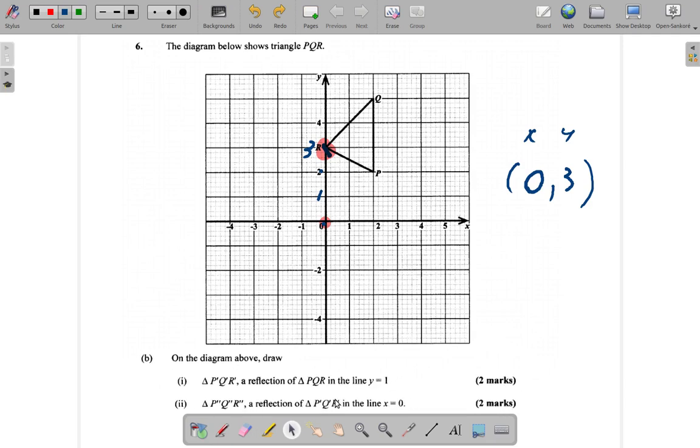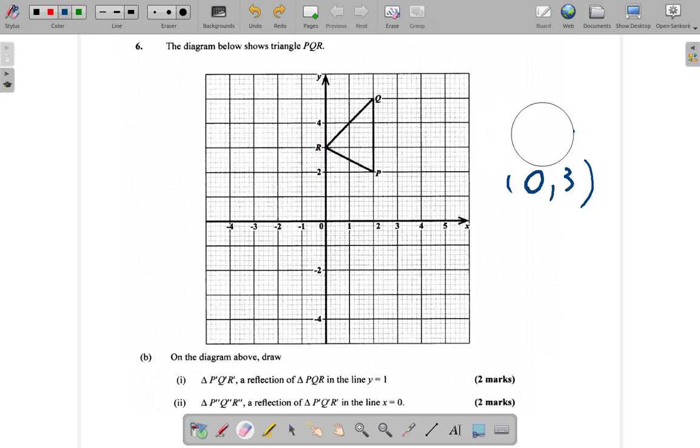I'm going to have to do some drawings now. Let me just erase what I have here. Now, draw triangle P prime, Q prime, R prime, a reflection of PQR in the line y equal 1.